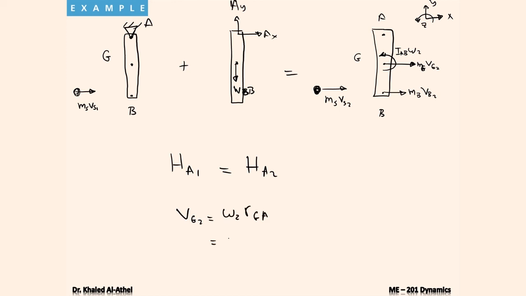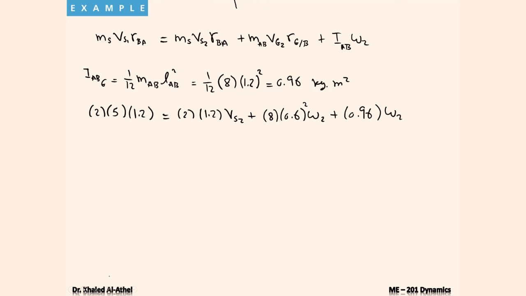So this equals 0.6 omega 2. Since I already have 0.6 coming from this R, and another 0.6 coming from V equals omega R, that's why I have 0.6 squared.